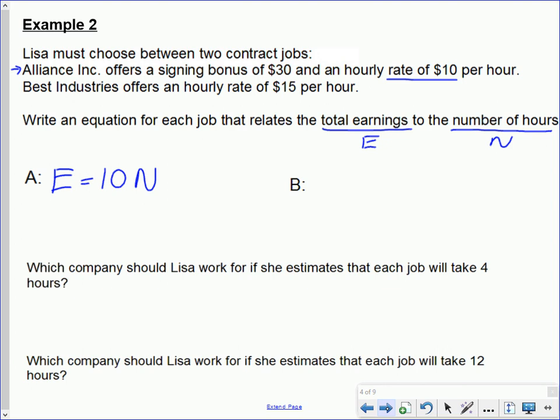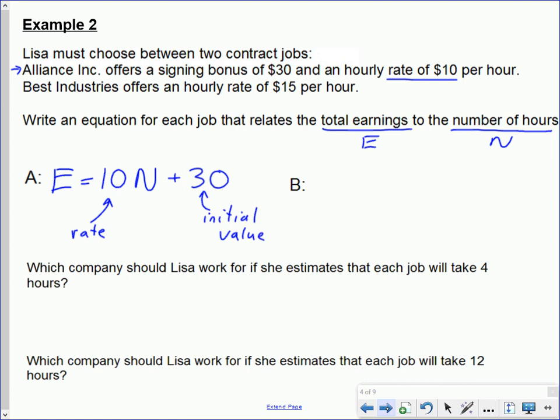So it's $10 times the number of hours, because that rate is $10 per hour. And then even if she worked 0 hours, she still gets that signing bonus of $30. So the equation for Alliance is E equals 10N plus 30. This is our rate. This is our initial value.